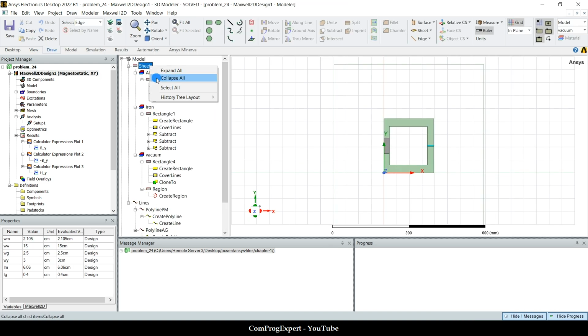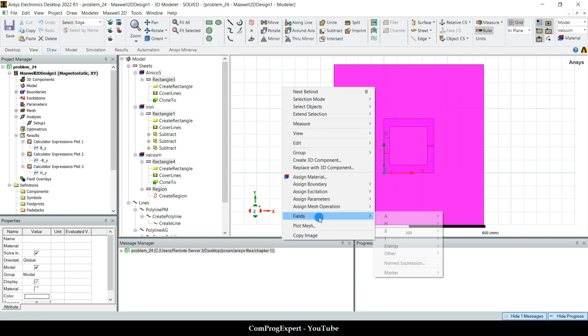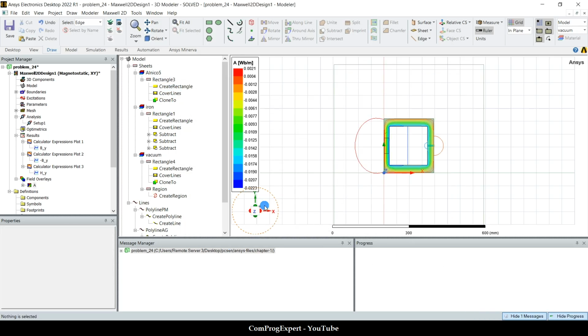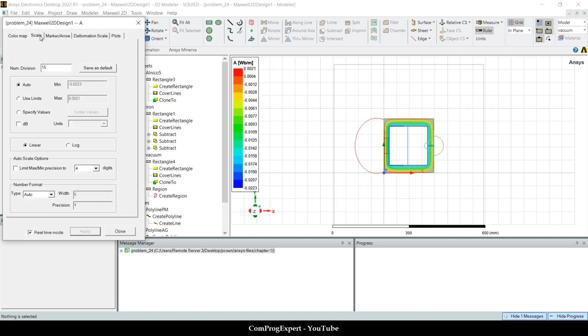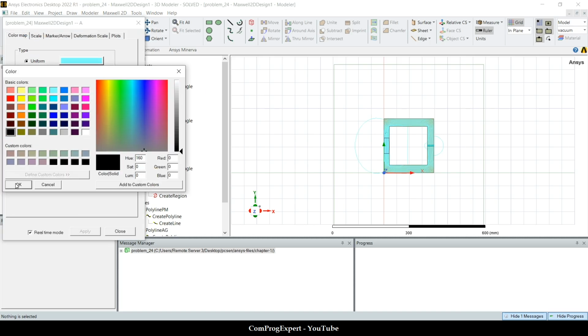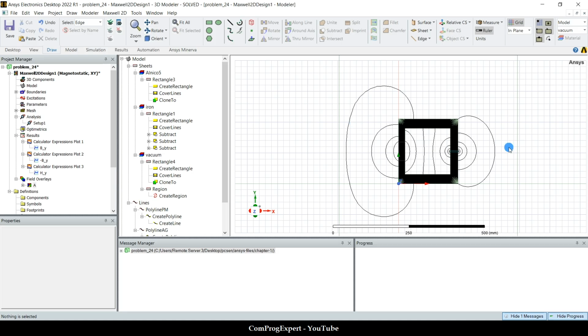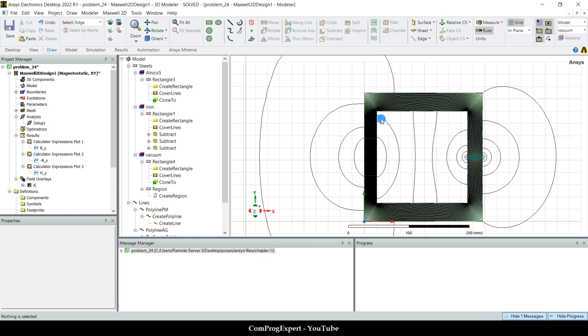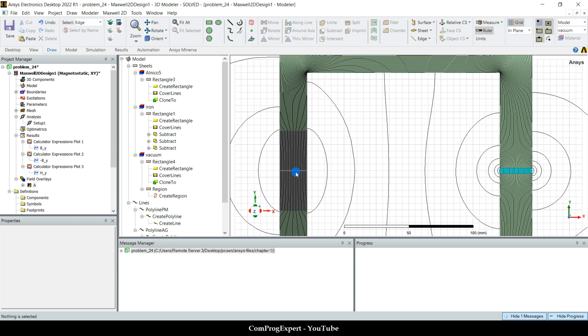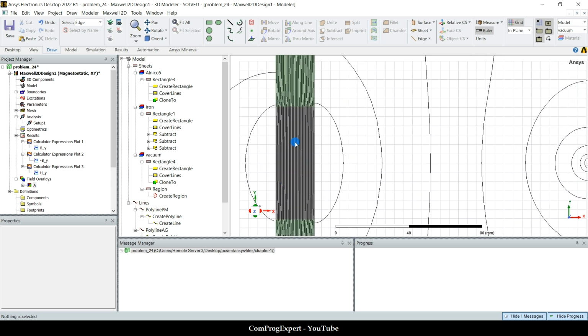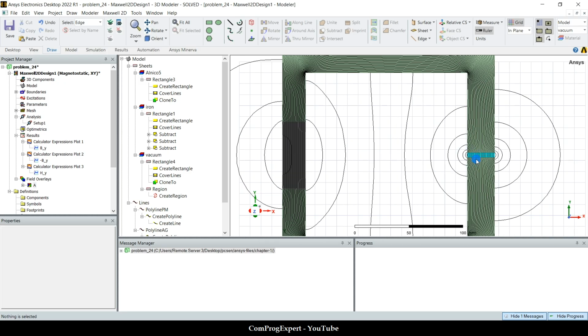If I select all objects and plot flux lines, increase the number of flux lines to 50, as you can see, we have this leakage flux. So the flux generated by this magnet is not totally linked in the air gap. We have this flux.